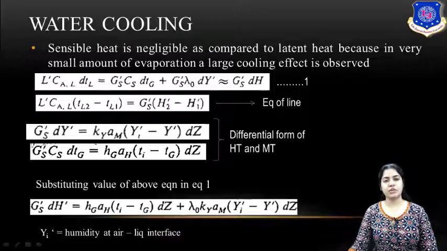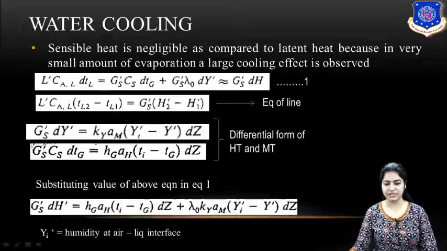The above equation is your mass transfer rate, that is Gs' dY' is equal to Ky Am ΔY, that is your change in humidity, into dz. And your heat transfer rate is Gs' Cs dTg is equal to Hg Ah ΔT dz, right?